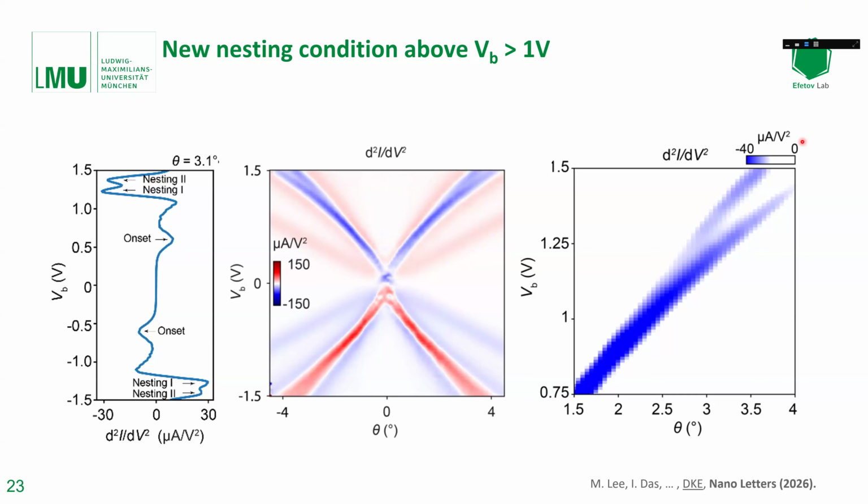And basically, as you would expect, for a perfectly linear band dispersion, you would keep this condition and you would expect only one nesting condition.